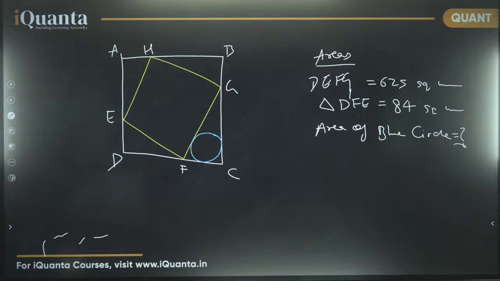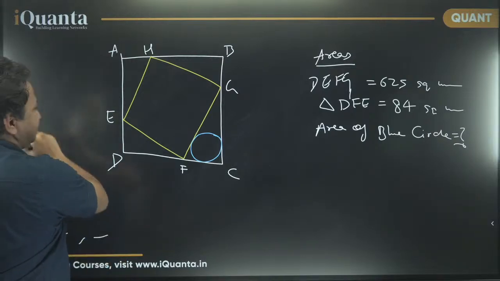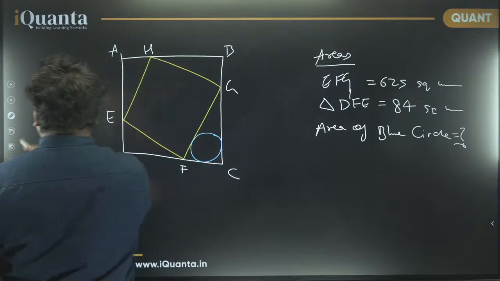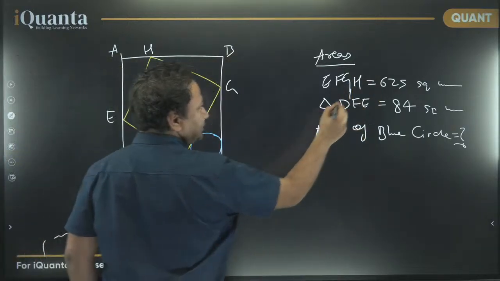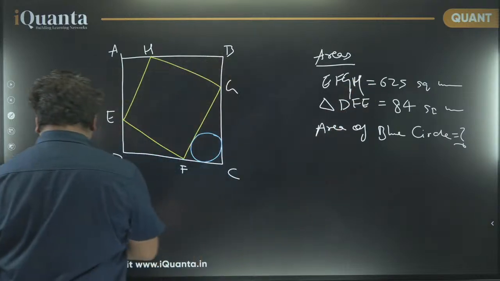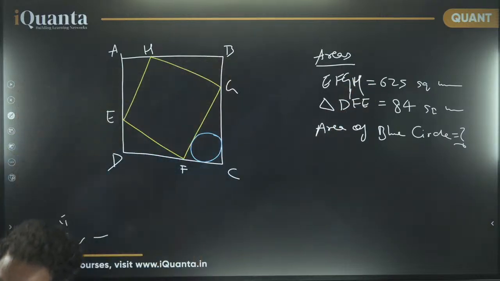What did I write? It's EFGH, it's EFGH. The square basically, not D. You got it right. It's EFGH only.